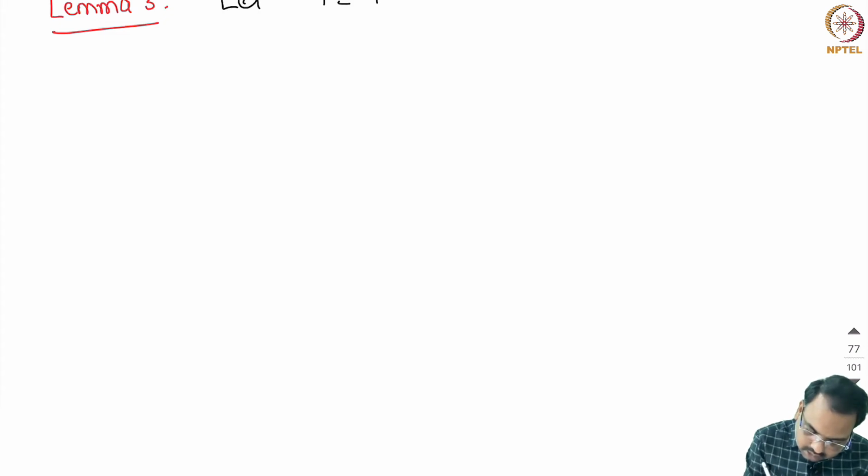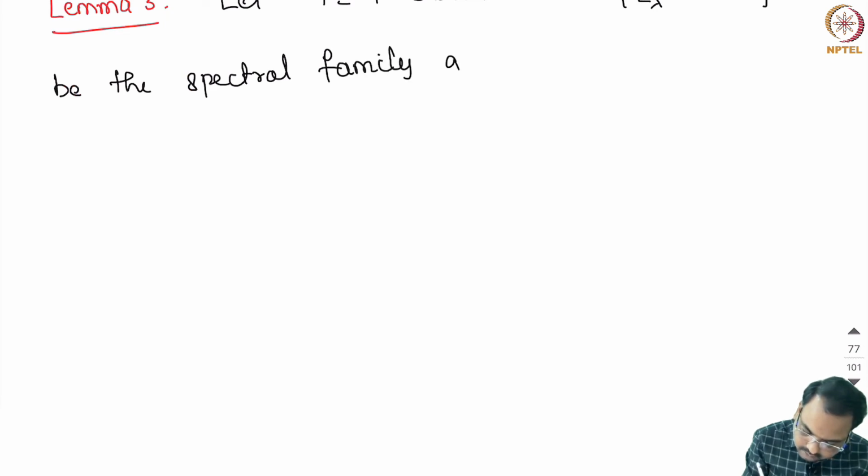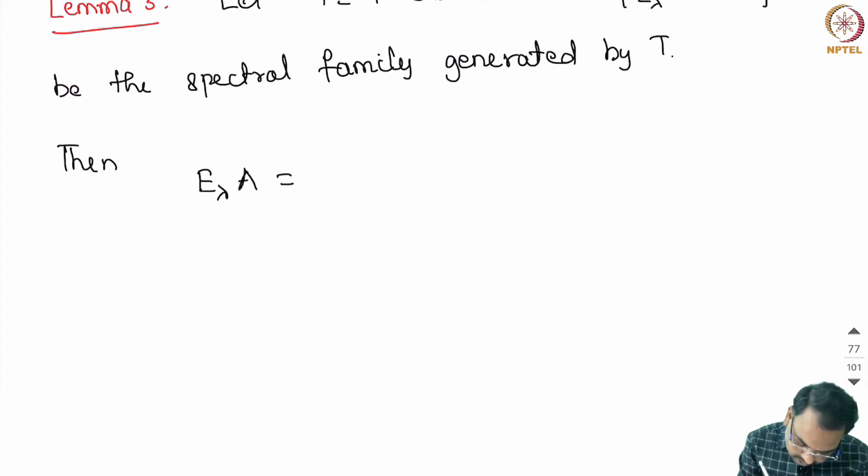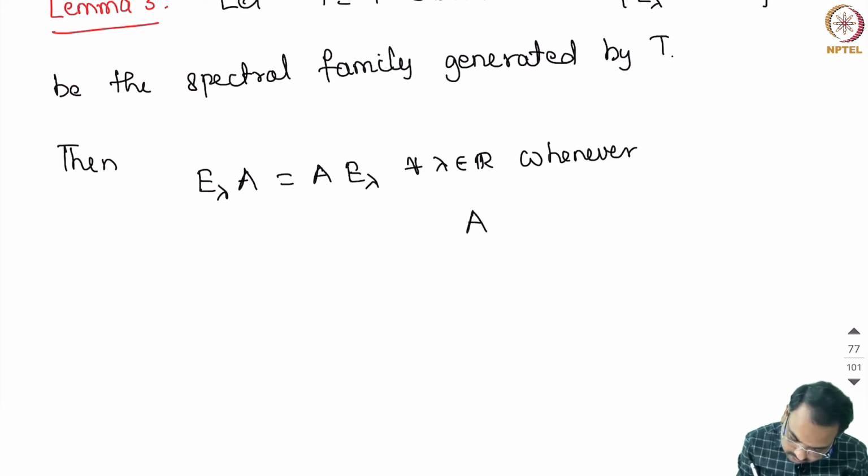Let T be a self-adjoint operator and E lambda, lambda in R, be the spectral family generated by T. Then we can say that E lambda commutes with every operator that commutes with T. So E lambda commutes with A for all lambda in R whenever A commutes with T.